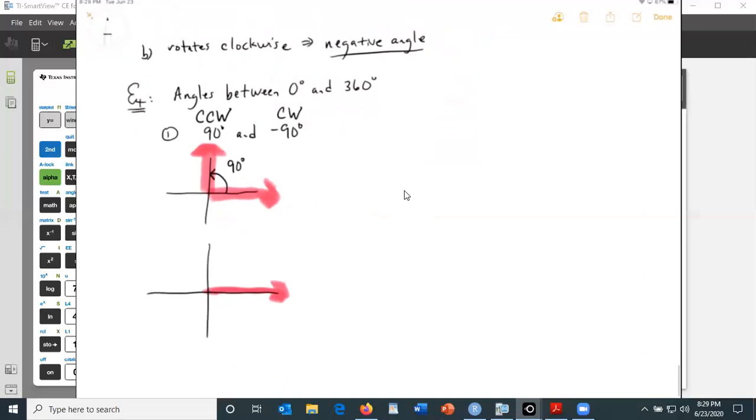So that means we would rotate down to the negative y-axis, and my angle would look like this. And notice the angles have the same shape. They both look like corners, and the only difference is the way they're positioned. So they're really the same size, but in different positions.